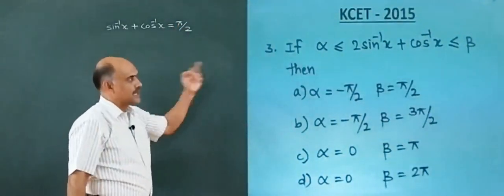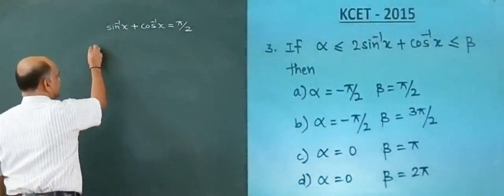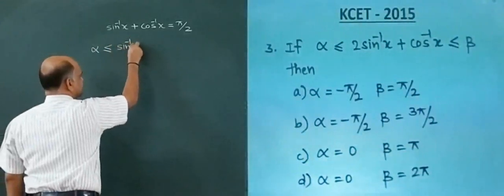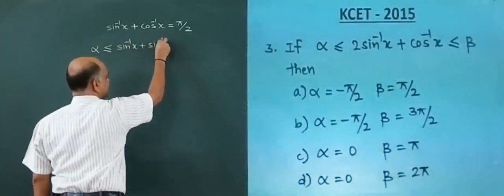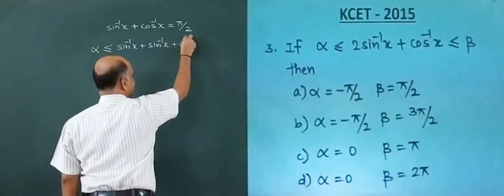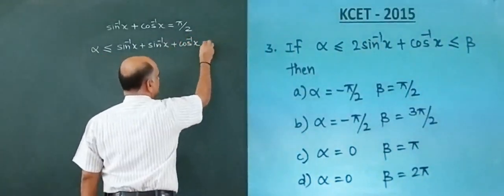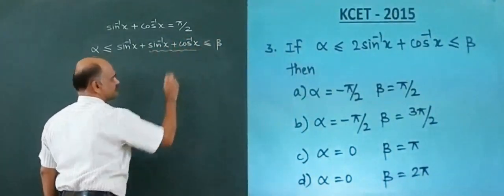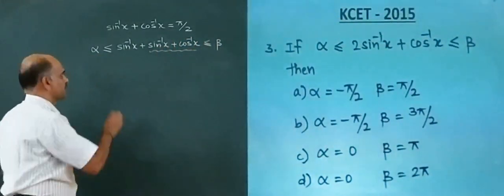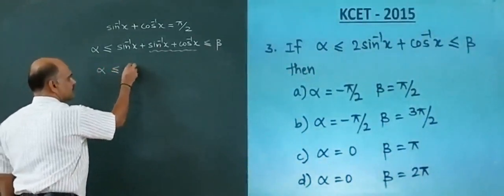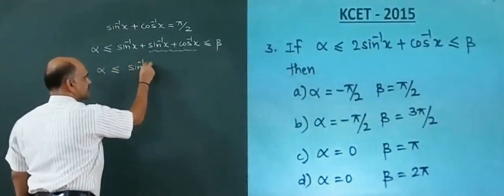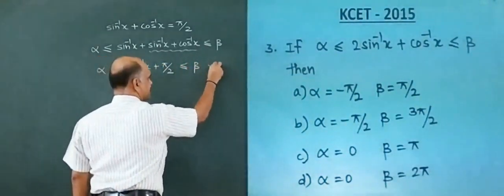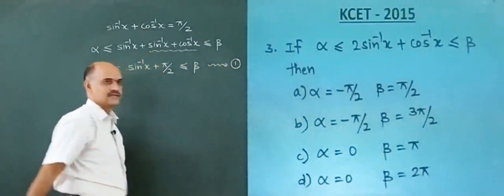So I will write the given expression as alpha less than or equal to sine inverse x plus sine inverse x plus cos inverse x less than or equal to beta. Now sine inverse x plus cos inverse x, I can write as pi by 2. So alpha less than or equal to sine inverse x plus pi by 2 less than or equal to beta. This is 1.